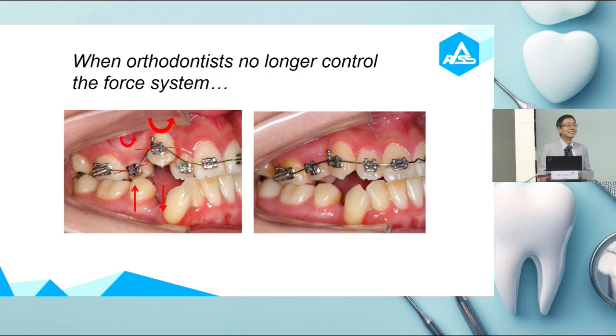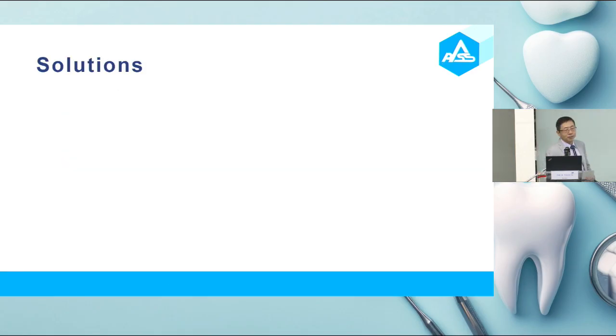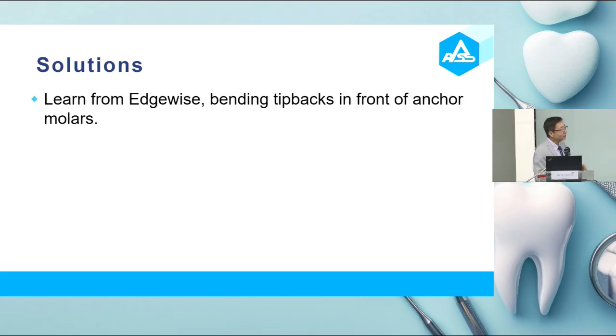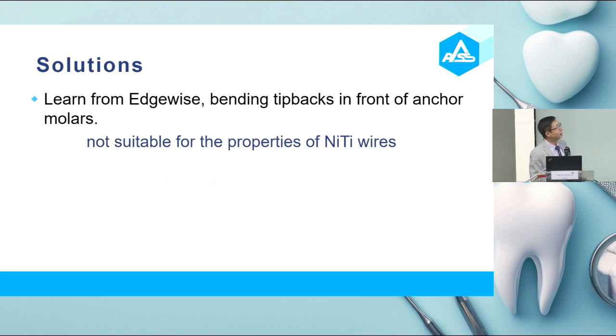Would that be highly efficient? Certainly not. What's the solution? Well, we can either learn from edgewise, bending tip-backs in front of the anchor molar, but now orthodontists are familiar with nitinol wire.